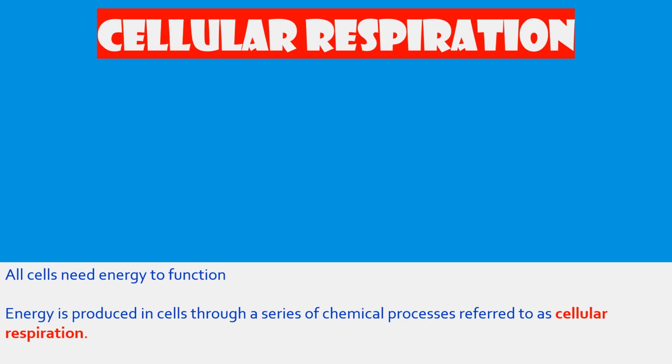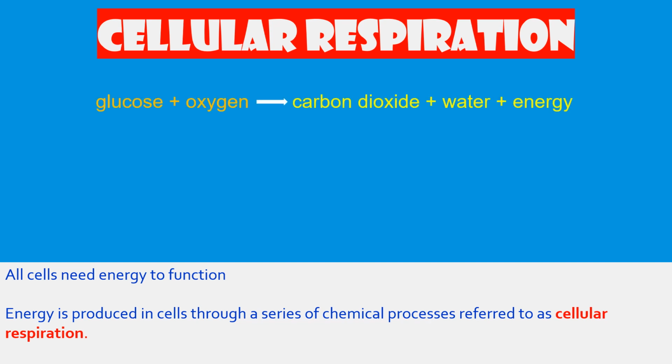All of the cells in the body need oxygen, and they also need energy in order to function. And this is where cellular respiration comes into play. So when we get some glucose and oxygen in the relevant organelle in our cells, these are our reactants in our worded equation here. A chemical reaction occurs and we get our products on the right.